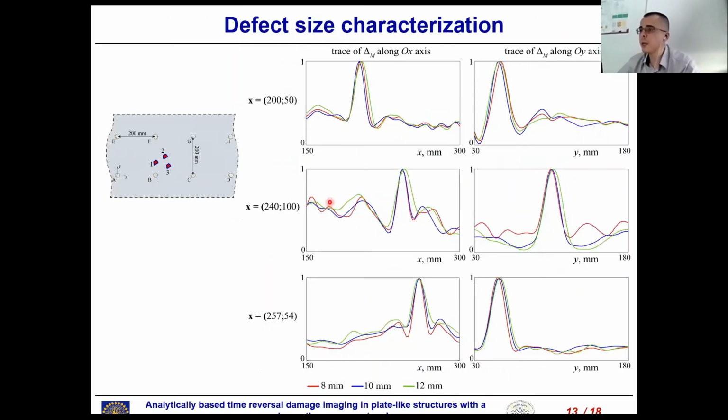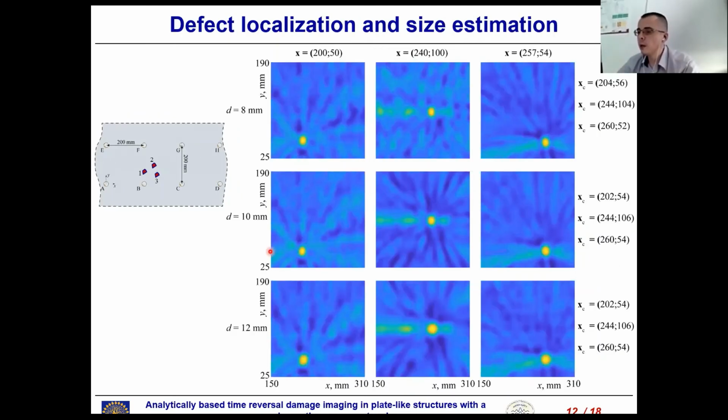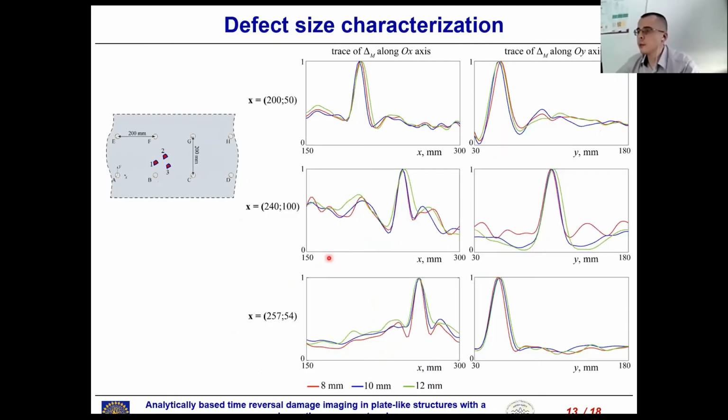Afterwards, we decided to compare whether we can resolve the damage size with such computations. And here there are cuts of these surfaces along the X and Y axes. If we put them together on a certain plot, we clearly see that a bigger damage, let me say damage of 12 millimeters in diameter, definitely provides a wider area on these plots.